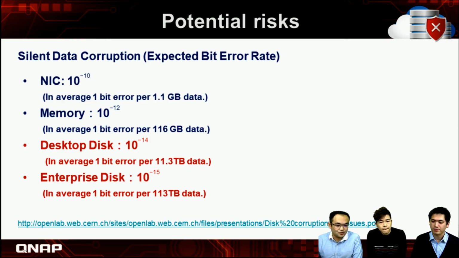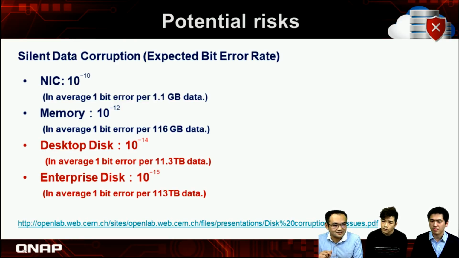Okay, we got a report from the CERN organization about silent data corruption, which covers the expected bit error rate. We can see there are many kinds of media used in the IT environment, like NIC, memory and disk, and they also have a bit error rate during data transportation. The disk bit error rate is actually lower than NIC or memory.